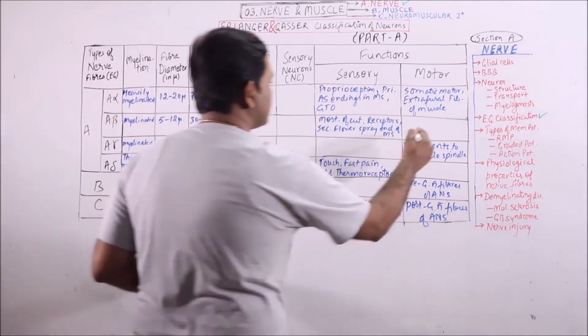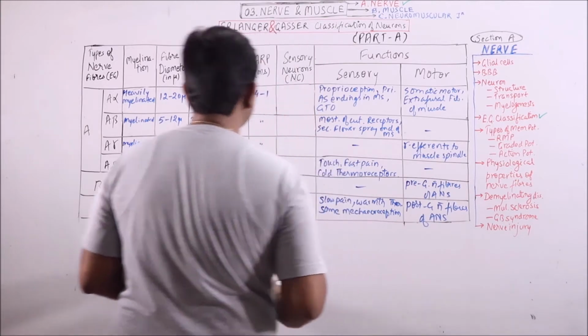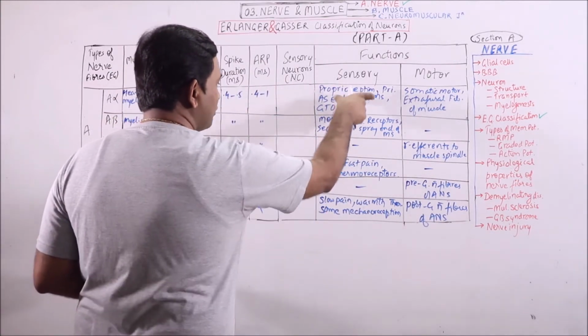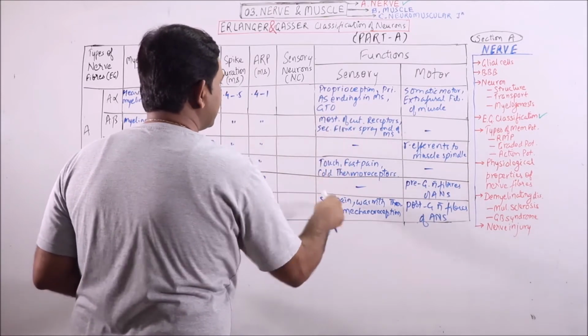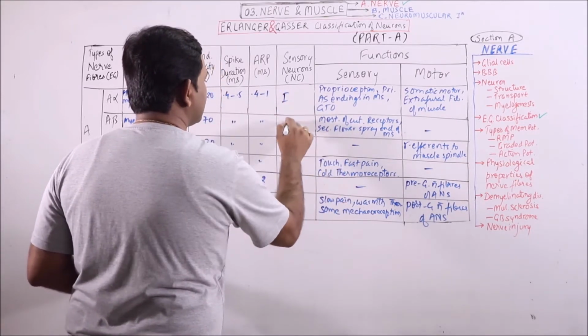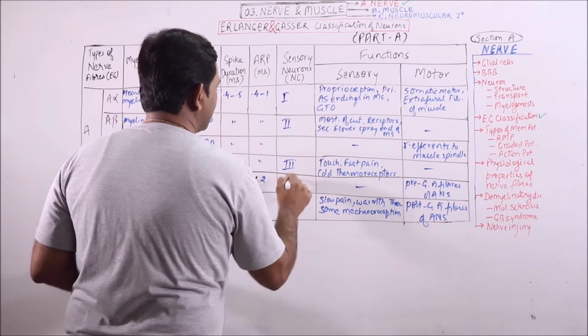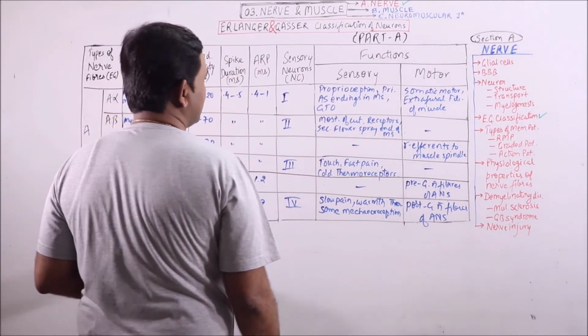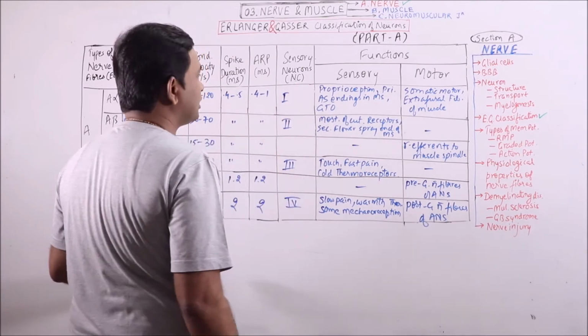Here there are no functions. Now this is numerical classification of sensory neurons, and we can observe sensory functions in these 4 regions. So this is first, this is second, this is third, and this one is the 4th type of sensory neuron according to numerical classification.